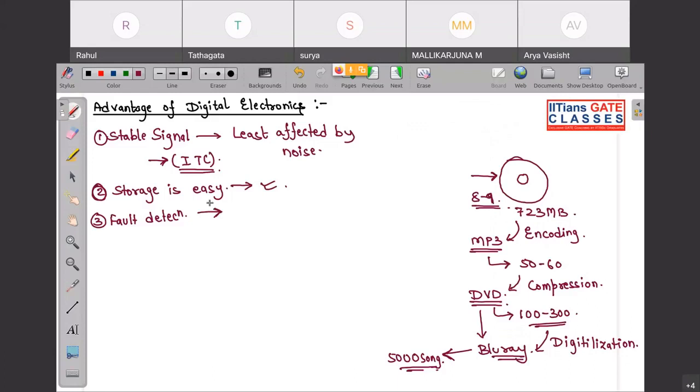There are various techniques like Hamming code and other error detection codes. Fault detection is very simple in digital signals compared to analog signals, because in analog you need to process a huge amount of data, whereas in digital you don't need to process that much.